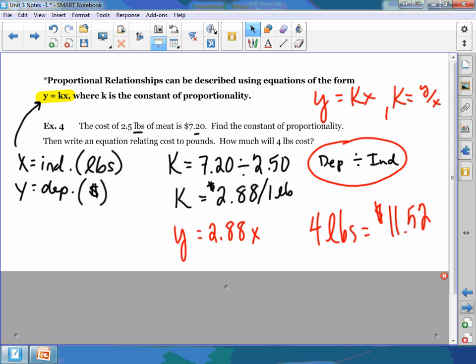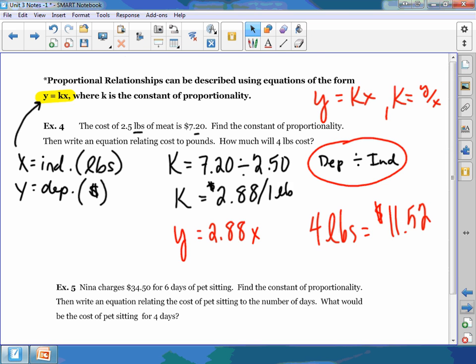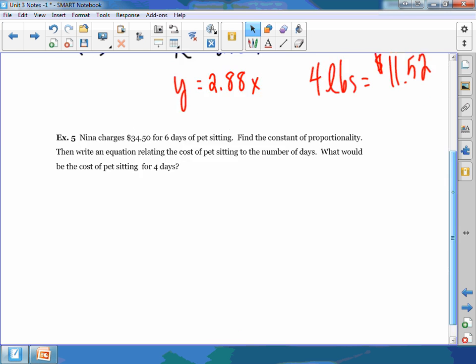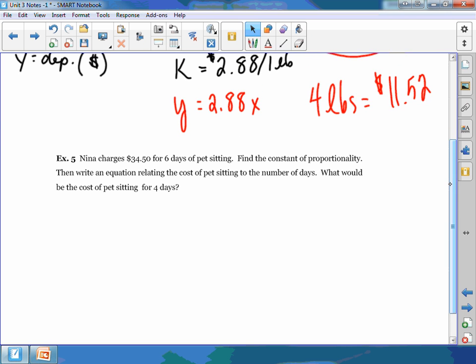All right. I want you guys to try this next one. We'll finish up after this next one here. So you guys have to do like we did before. Write an equation and then answer that question associated with it.